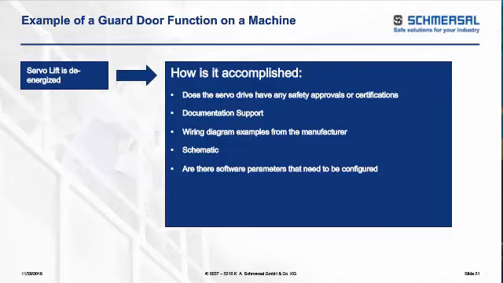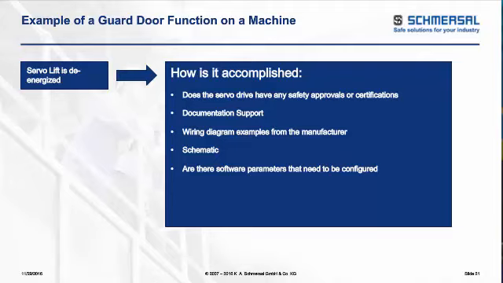We're seeing a lot of manufacturers release drives with this not as an option anymore, but as a standard feature to achieve a safe torque off for that motor, so you don't have to have additional large power contactors to break down the three-phase power to the unit. But it's very similar to the robot controller. Do you have the documentation to support it, and the wiring diagrams and the schematics to match it?